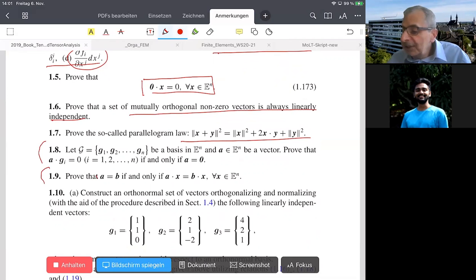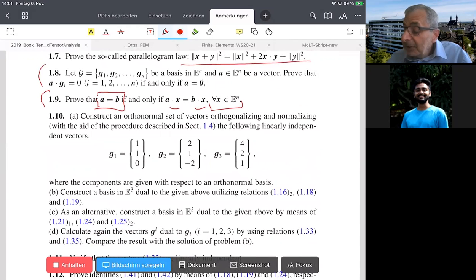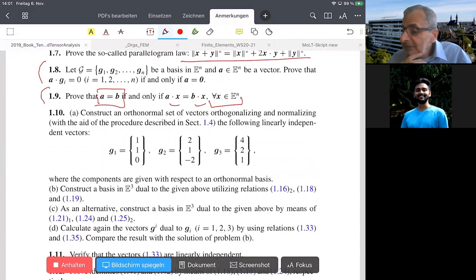How to prove that two vectors are equal? There is a very simple way: multiply both of them scalarly by some vector x, and if it is valid for all x, then this is proved, right? And you have to prove it at home. And maybe one numerical exercise, we start at least with you.